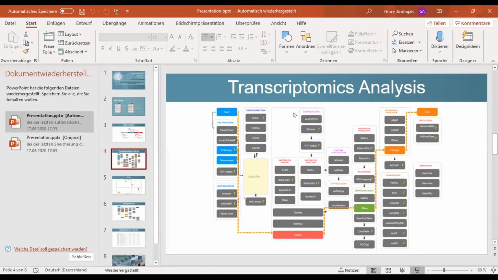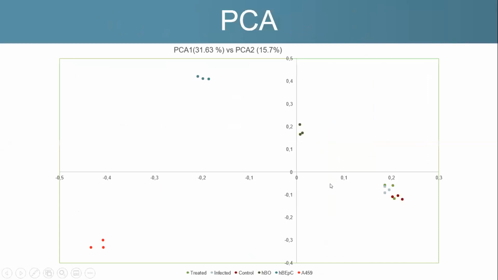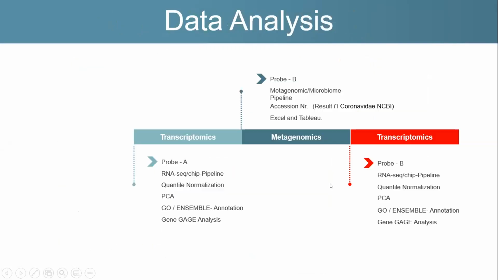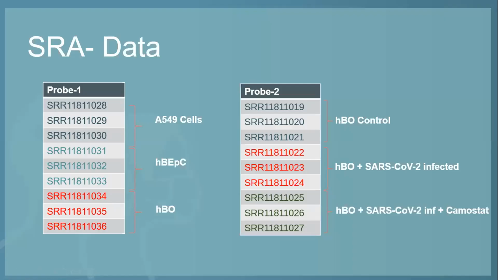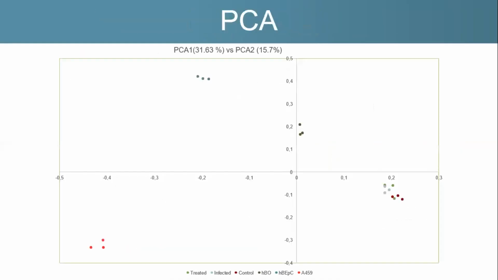But in slide 5, those are all of the samples, right? In the PCA scatter plot. Yes, this is the cell line A549.